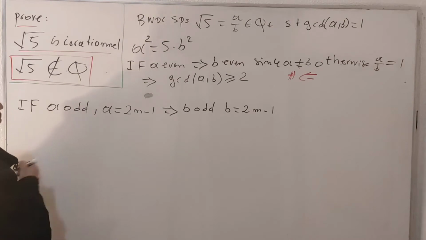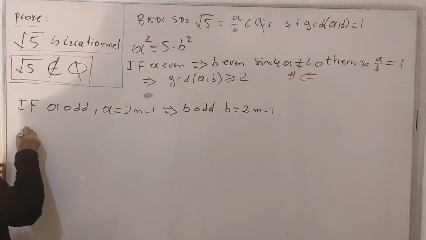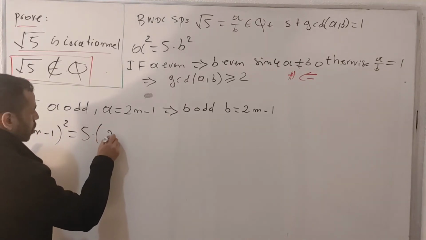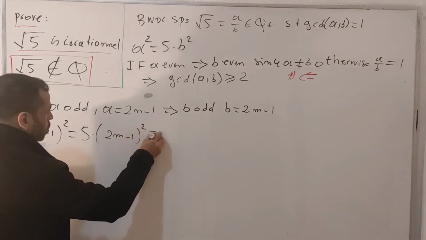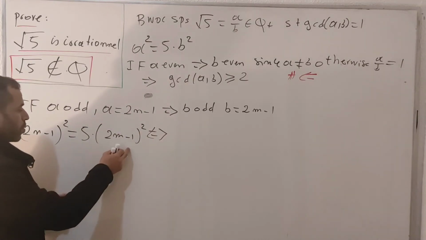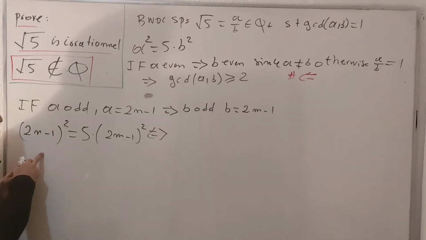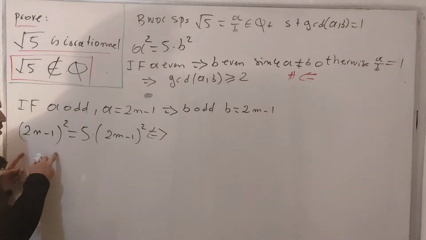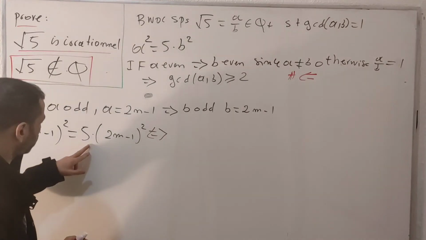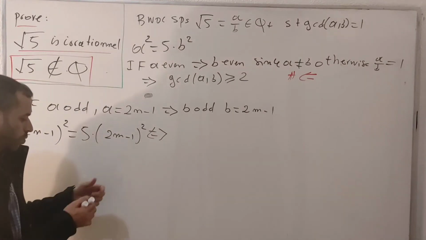So by doing that, I will have (2n minus 1) squared equals 5 multiplied by (2n minus 1) squared. Now I'm going to move one term, (2n minus 1) squared, over to the left hand side of this equation in order to get the difference of two squares. I will leave 4 multiplied by this term here.